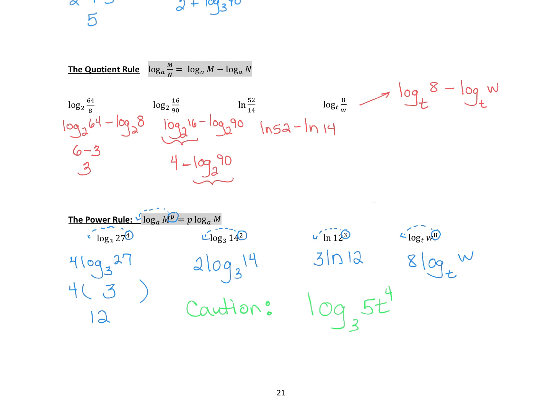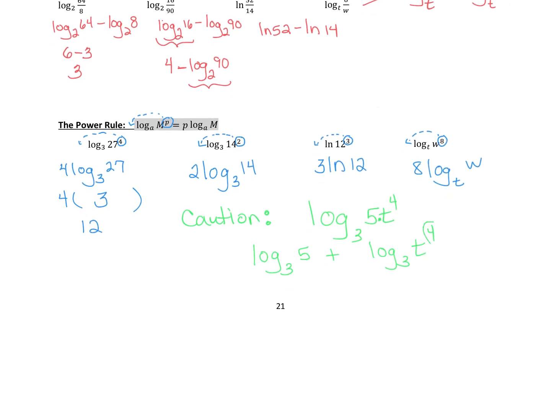So what I would need to do is first recognize this as a product, log base 3 of 5 plus log base 3 of t to the 4th, and then bring this 4 only in front of this log. So log base 3 of 5 plus 4 times the log base 3 of t.